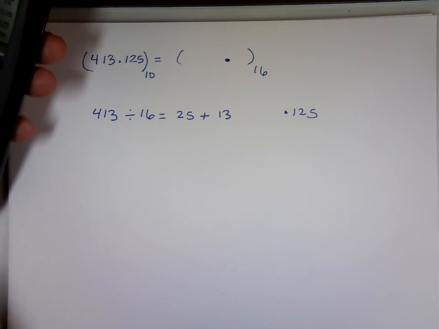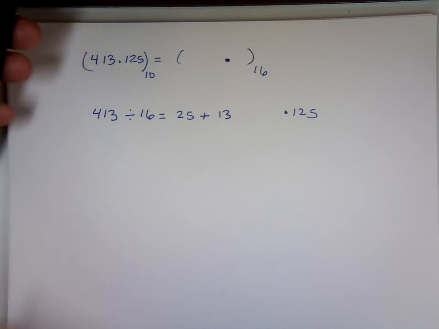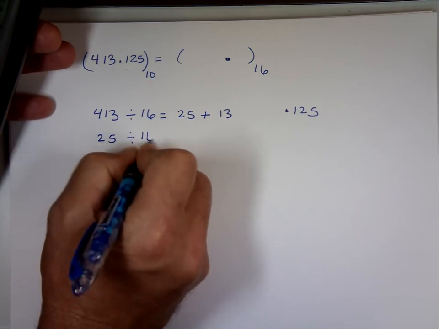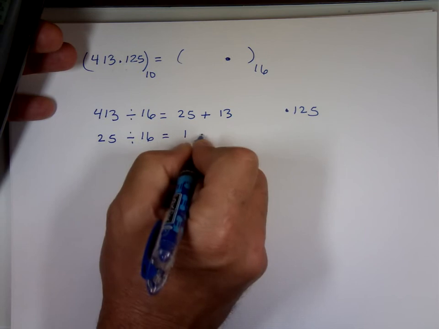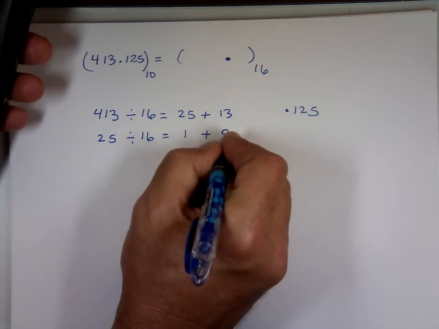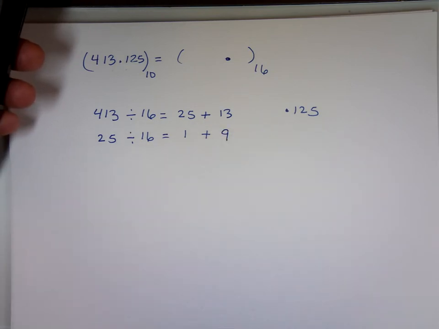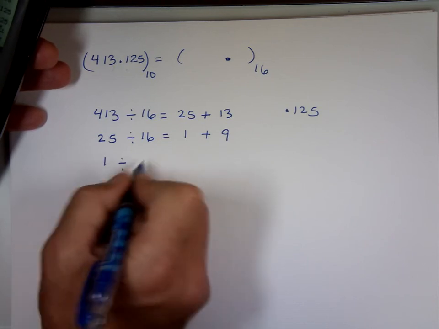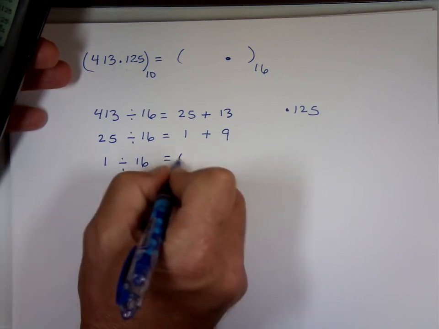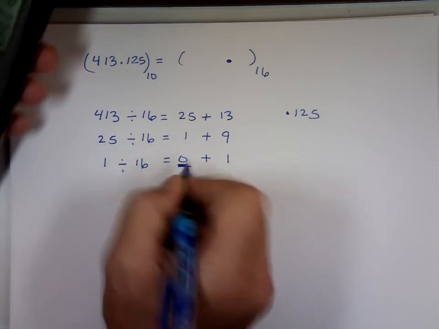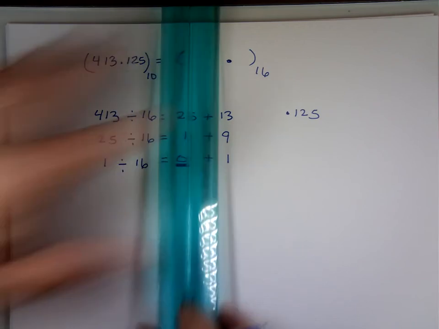It is 13, yep. Next one, 25 divided by 16. It's 1 plus a remainder of what? Is it a 9? And finally, 1 divided by 16, which is 0 plus a remainder of 1. Again, I hit the 0, I stop. And I read them this way.